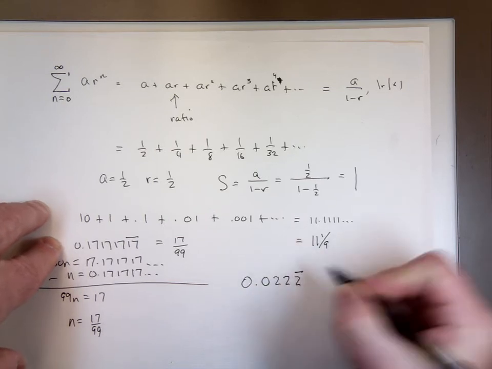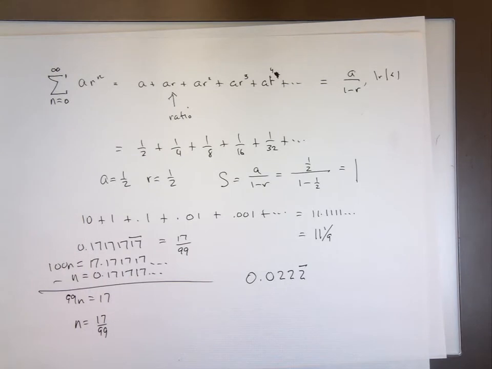Just think about it. Yes, that's it. Good job. Yes, 1 over 45, because what happens is it's the 2/9 times 1/10.